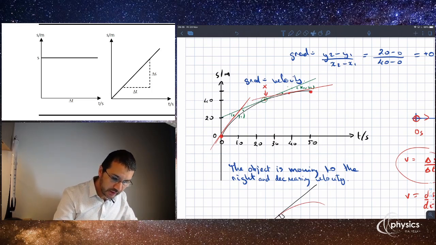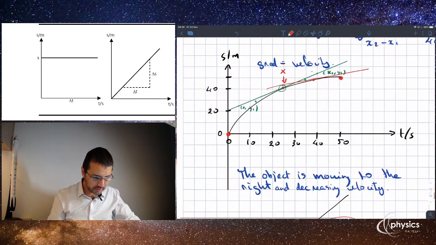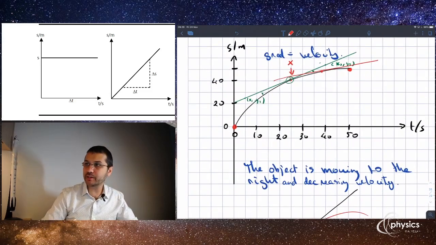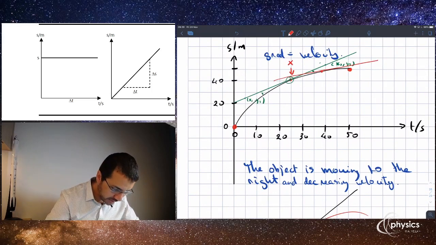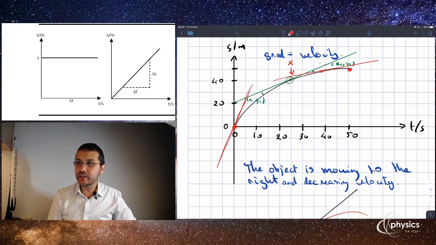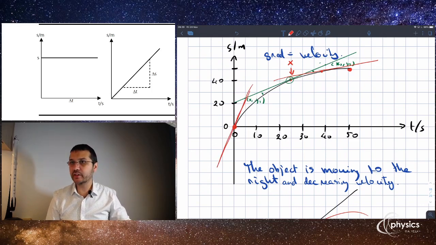Now, regarding what we said about the initial point, look at this case. If I draw the gradient at the very beginning at time 0, the curve is something like this. So the gradient is in that direction. Is that line that I've drawn right now, does it have a gradient 0?